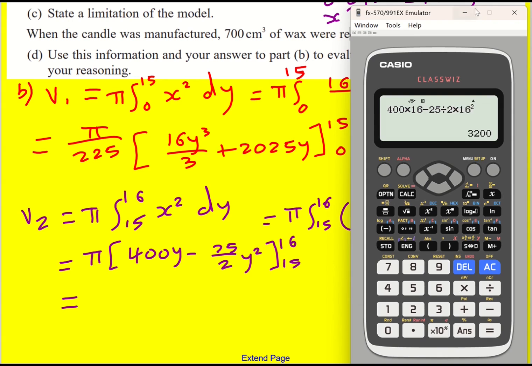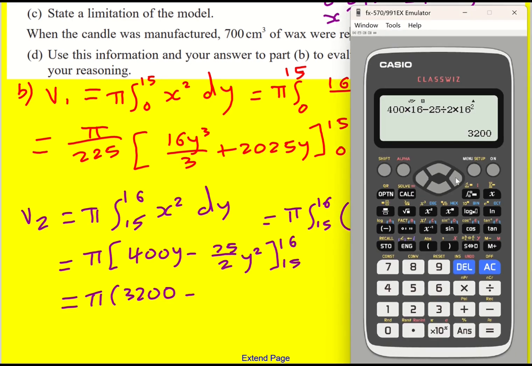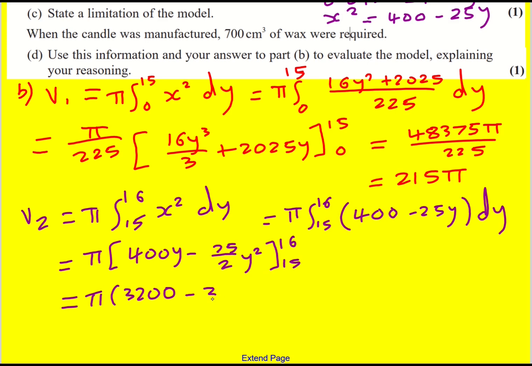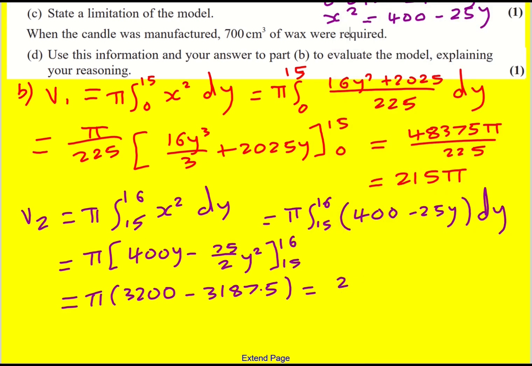So on one go, 3,200 minus 3187.5 gives us 25 over 2. I'll leave it as a fraction. 25 pi over 2.